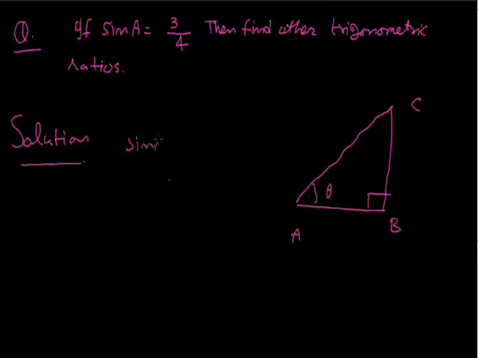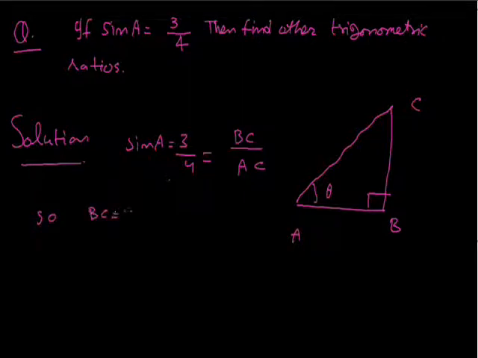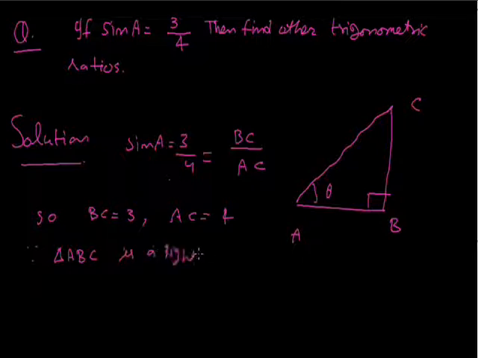Given sin A equal to 3 upon 4 and sin A equal to BC upon AC. So BC equal to 3 and AC equal to 4.